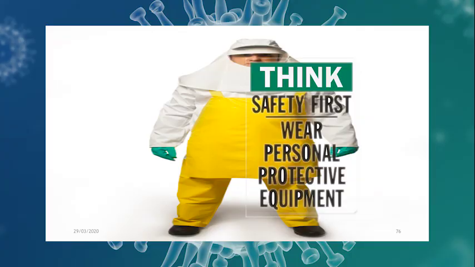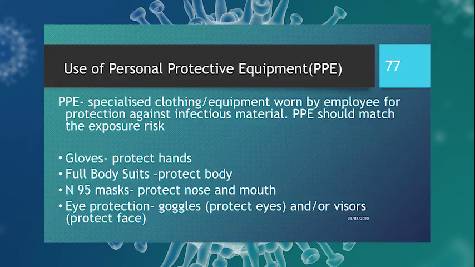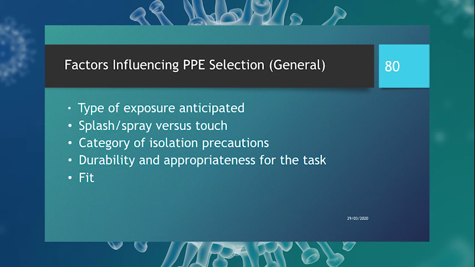Important to note that PPE, as I said before, is not the first answer that you need to consider. You need to consider all other things. Make an assessment of what is your risk, and of course, choose the appropriate PPE. And each type of PPE has a particular use. In choosing your PPE, there are certain things you must consider. First of all, what is the type of exposure that you anticipate? Will there be splash or spray versus touch?